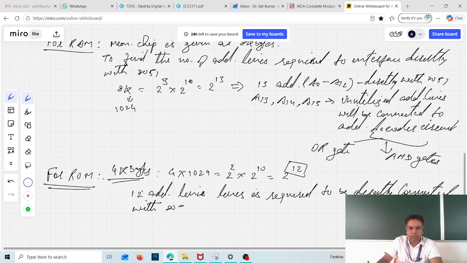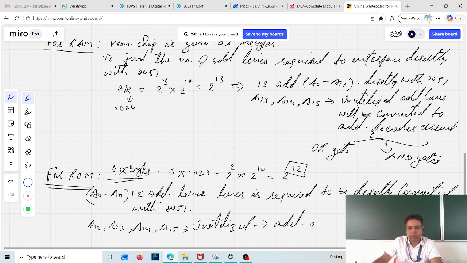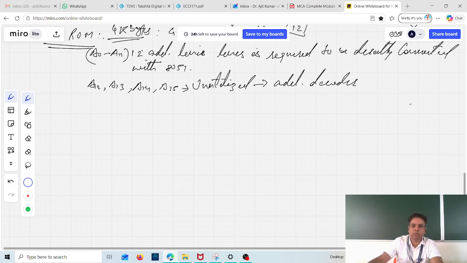The 12 address lines are A0 to A11, which will be directly connected, and A12, A13, A14, A15 are unutilized, so they will be connected with the address decoder circuit.